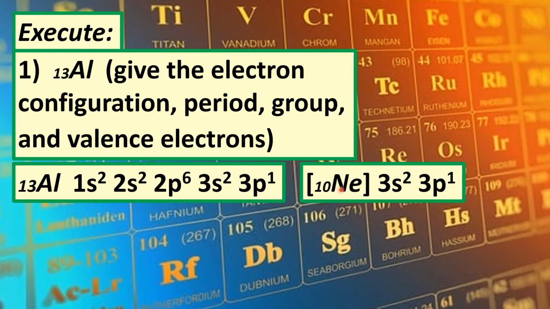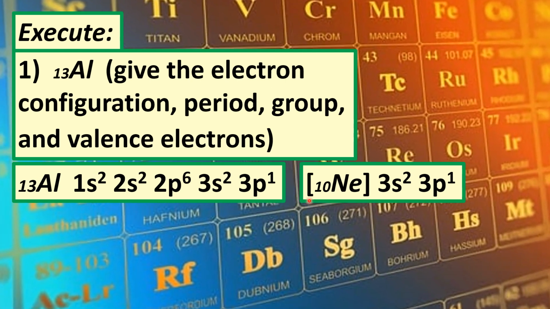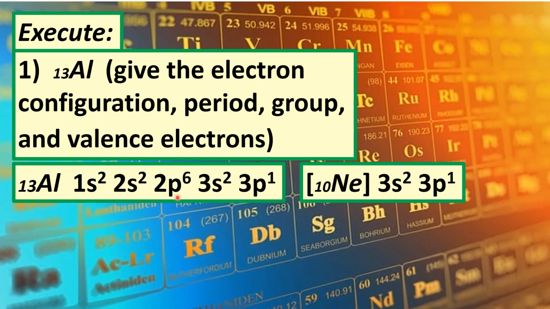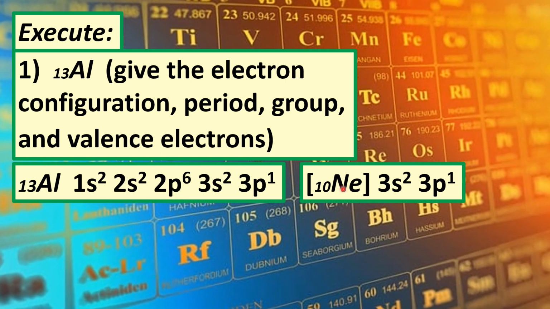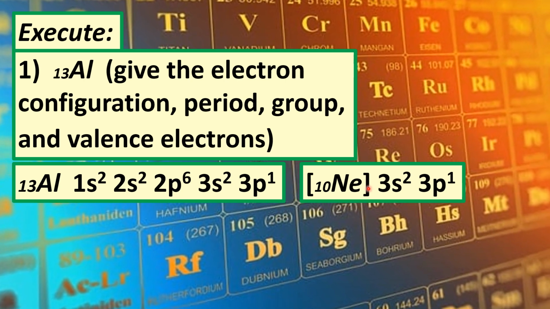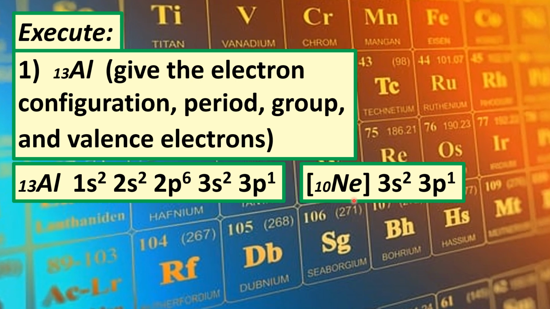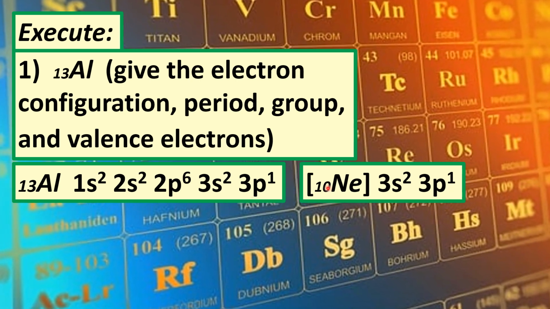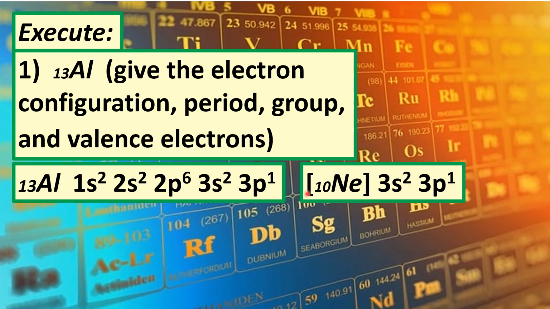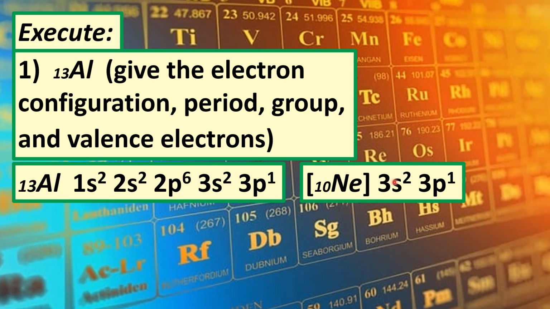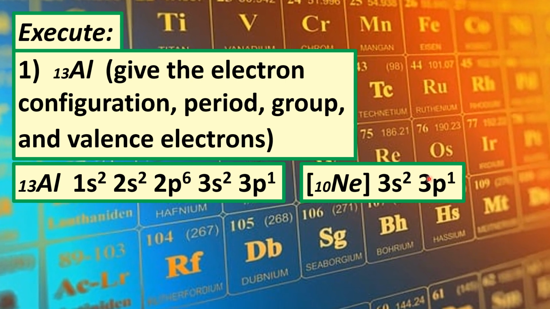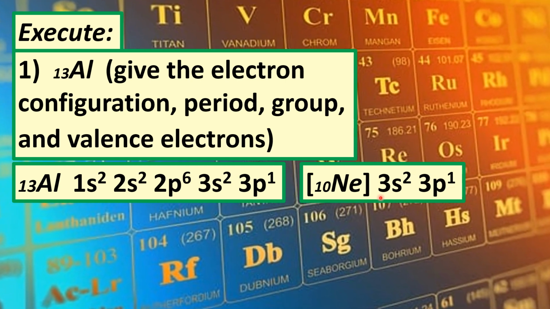So instead of giving the 1s2, 2s2, 2p6 configuration, we just use the bracket neon, a shortcut way, and only add to the bracket neon what we call the outermost configuration, and that is 3s2, 3p1. Check, 10 plus 2 plus 1, you still have the 13 electrons being represented correctly.